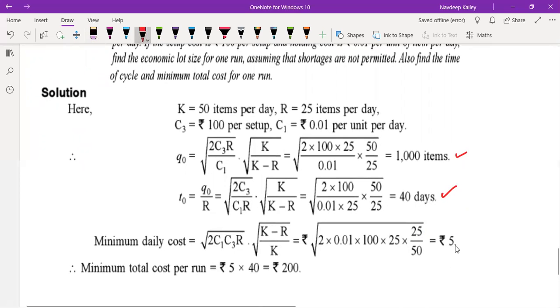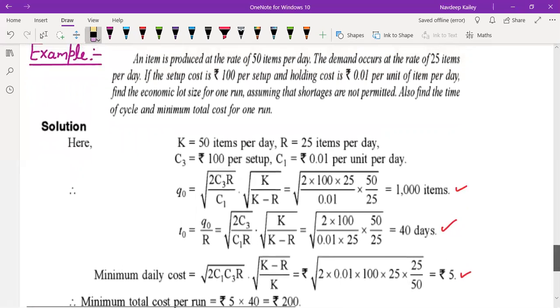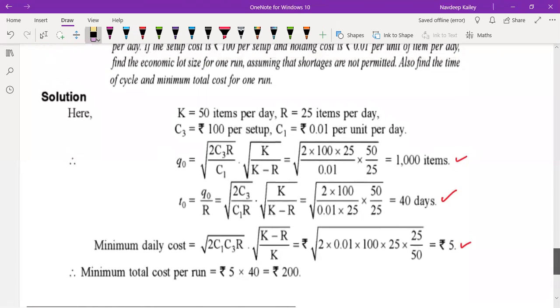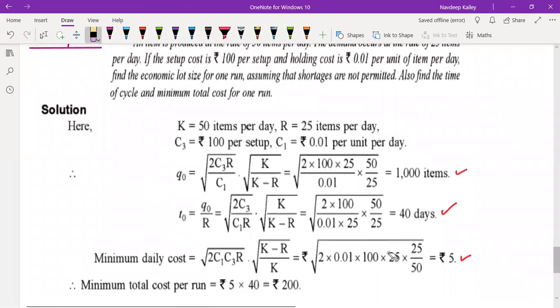Now, the minimum total cost per run: minimum daily cost is rupees 5 and we have time of cycle 40 days. Therefore minimum total cost per run is 40 into 5, that is 200 rupees total cost per run.